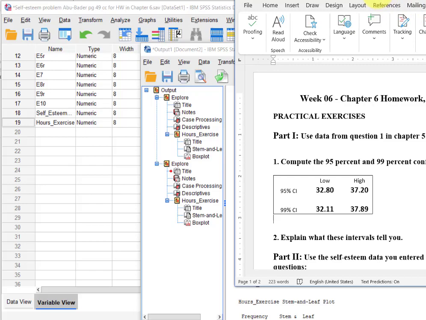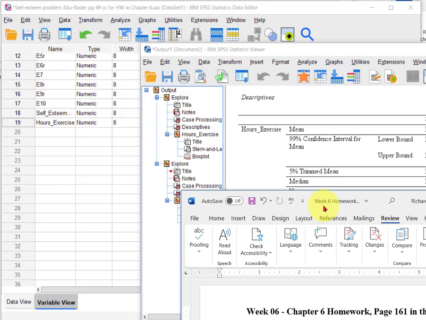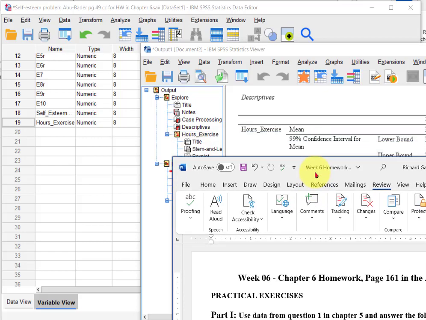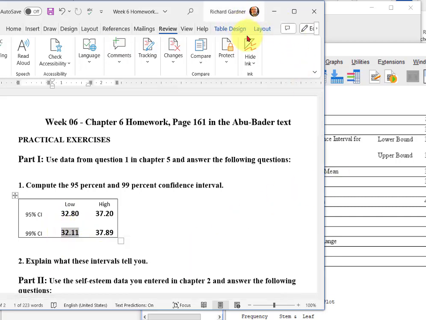Sorry, I already lost it here. So 31.75. 31.75 is a little bit different than the Excel, and then the 38.25 a little bit different for there.